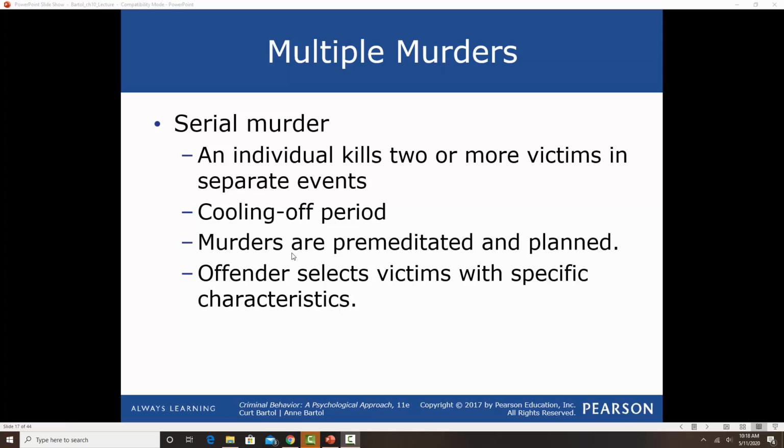Sometimes offenders do have a preference for their victims. For example, Ted Bundy is a great example of this. If you look at pictures of all of his victims, they were all young female victims. Most of them had kind of dark, long, straight hair parted in the middle. So some of them do have a preference for certain types of victims.